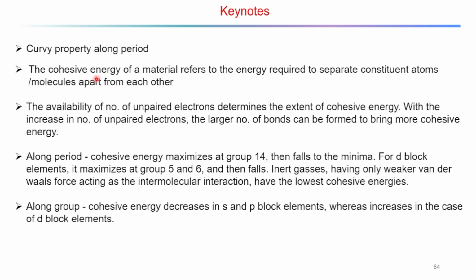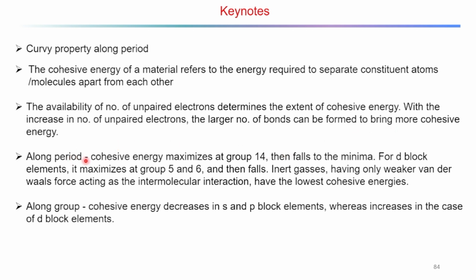The cohesive energy of a material refers to the energy required to separate constituent atoms or molecules from each other. The availability of unpaired electrons determines the extent of cohesive energy, and with an increase in the number of unpaired electrons, a larger number of bonds can be formed, bringing more cohesive energy.